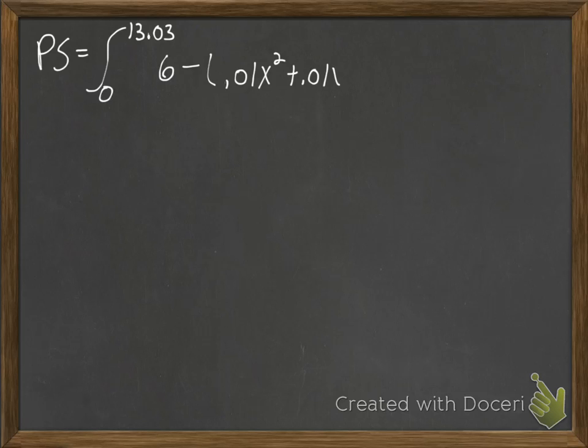Producer surplus, again, is the integral from 0 to that X bar, 13.03, and then it's our P bar, our price, minus our supply curve, whatever our supply curve is, and in our case, that's our equation, 0.01 x squared plus 0.1 x plus 3.